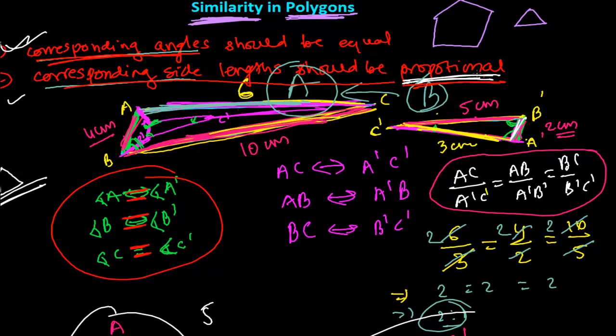For triangles, any one is enough, because if in a triangle the angles are equal, then automatically the sides are proportional, and if the sides are proportional, the angles automatically are equal, just in the case of triangles. But if you talk about other polygons, like a pentagon, hexagon, or octagon, then you have to measure each and every side and see whether they are proportional or not.